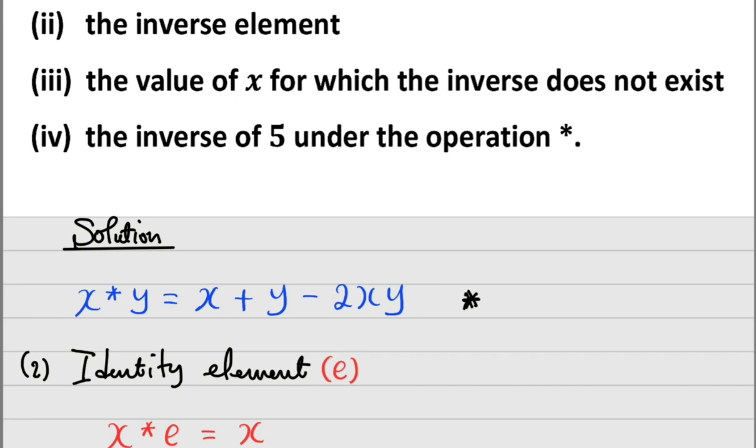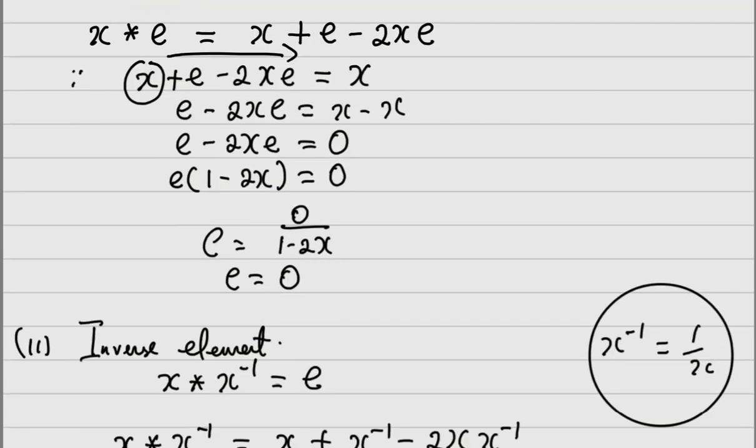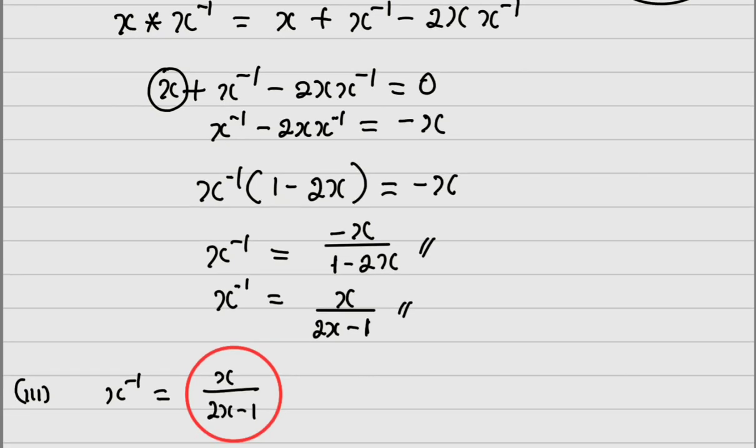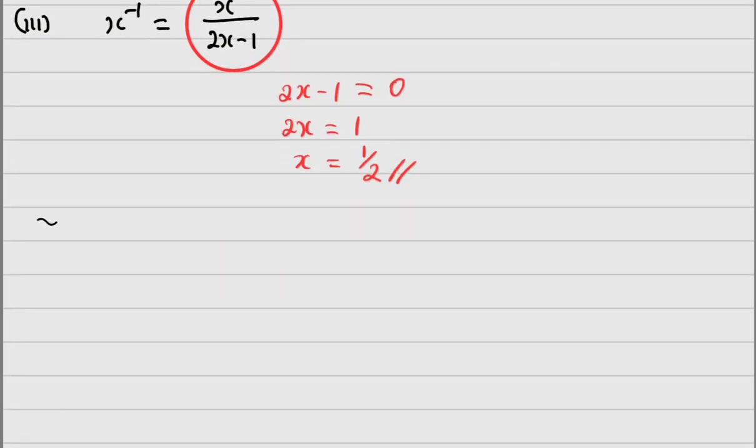Now, the next question says we should find the inverse of 5 under the operation asterisk. Now, this question is actually very cheap too. So we are looking for the inverse of 5, which is written as 5 inverse. For us to do this, it means our x must be equal to 5.